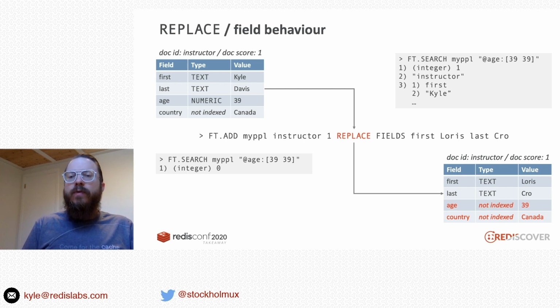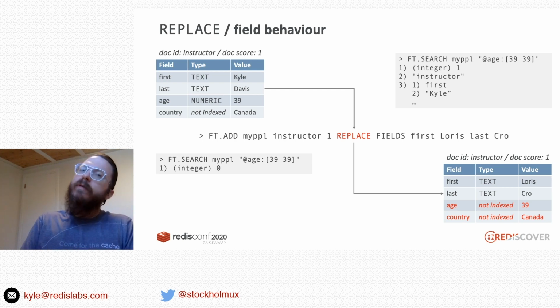The only time that you don't want this is, say, REPLACE would be really good if your original document had two fields defined. So imagine that I didn't have age defined here, and I'm doing REPLACE. I'm just doing the first and last name, and I just want to keep it that way. So in that case, you're not getting this kind of existent but not indexed part of the document.